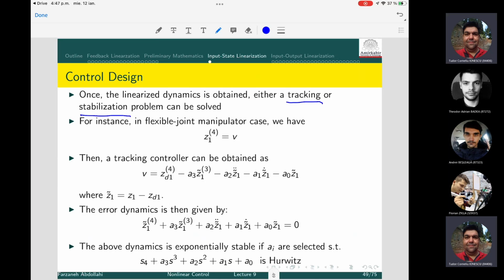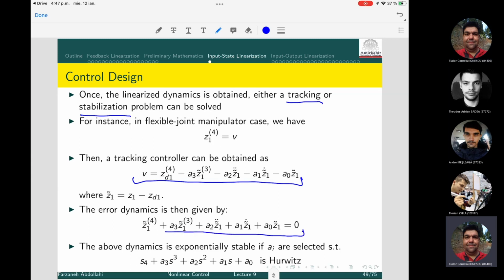If you take Z1 differentiated 4 times equal to V, a tracking controller can be obtained like this. Take V like this. The error dynamics is a linear system, with polynomials.